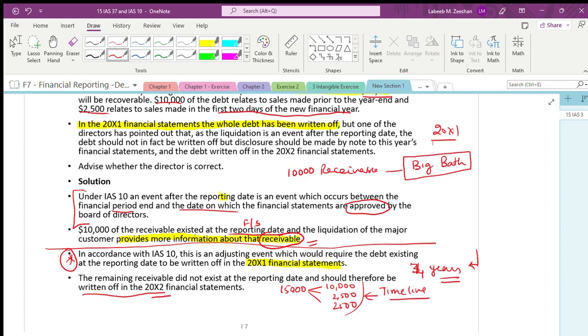Don't worry about that. The moment we do the practice questions, you will have more clarity. Now, to what extent can we work it out? Whether we should do the adjustments or not.